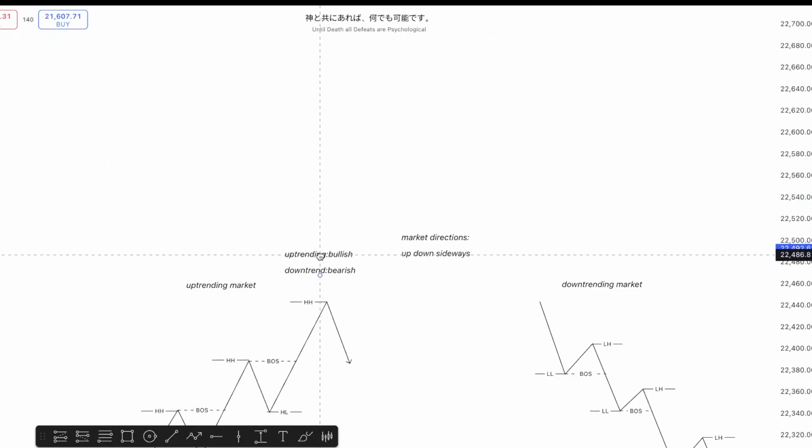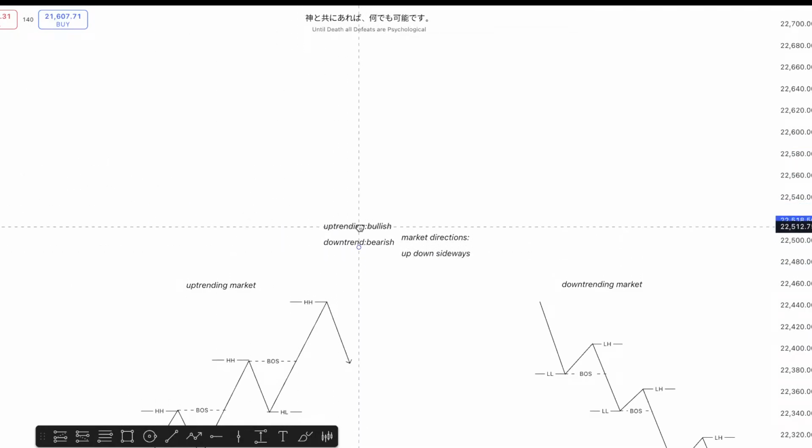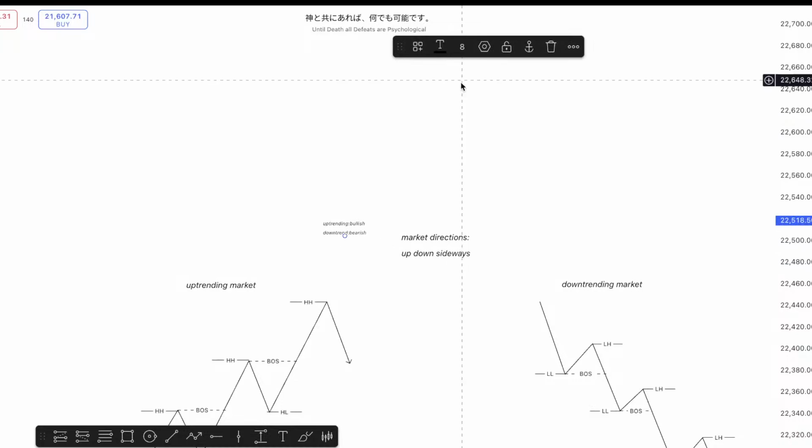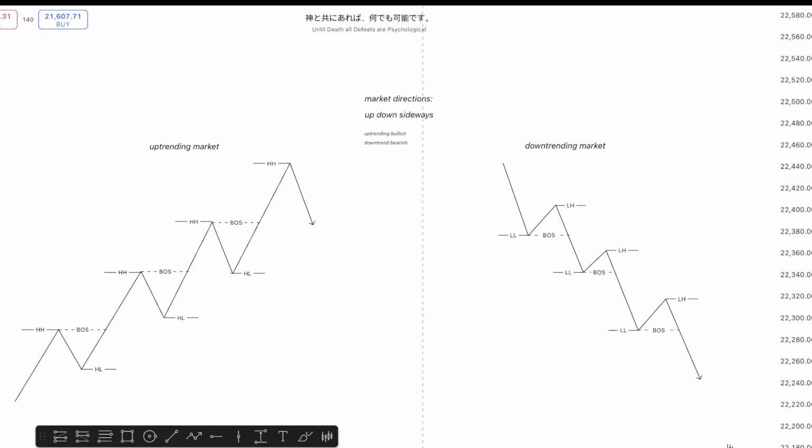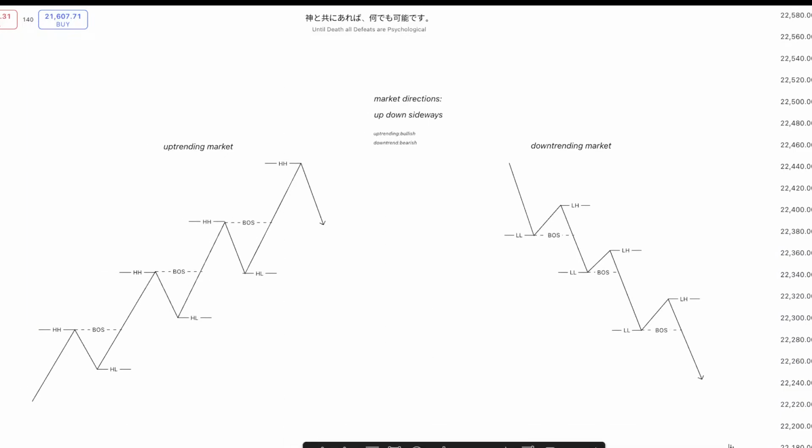So remember, the market only moves in 3 directions, and that's up, down, and sideways. Uptrending is also the equivalent to a bullish market. Downtrending is the equivalent to a bearish market. Uptrending markets have higher highs and higher lows, and downtrending has lower lows and lower highs.